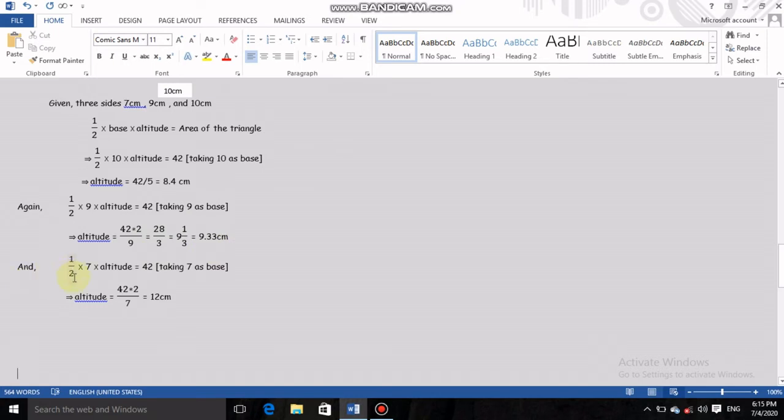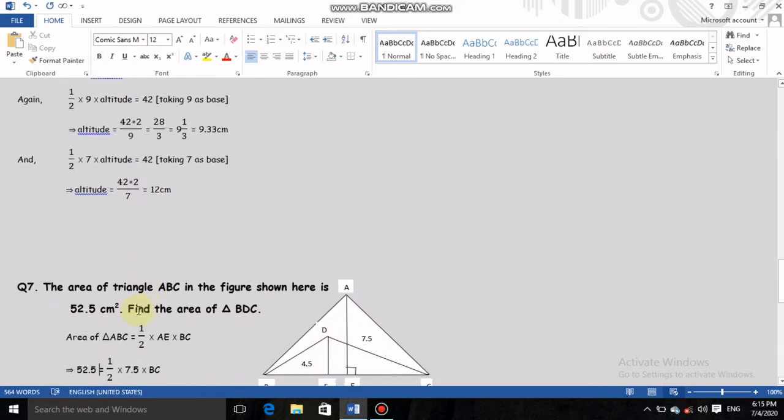And half into 7, taking 7 as base, into altitude is equal to 42. So altitude is 2 into 42 divided by 7. By 7 you divide 42, you get 6. 6 into 2, 12 centimeter.